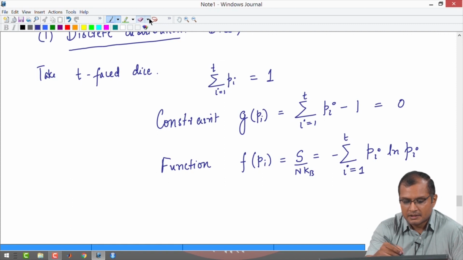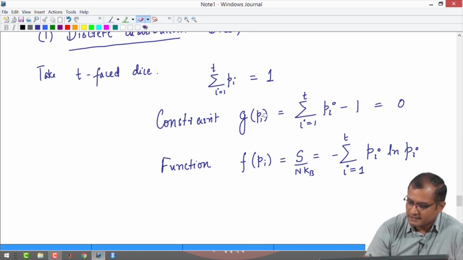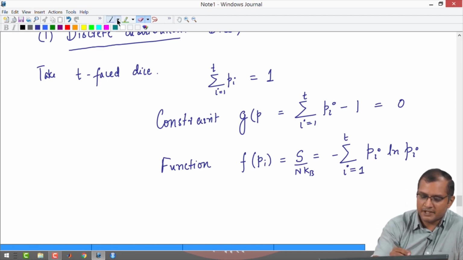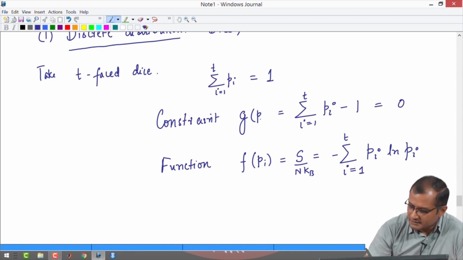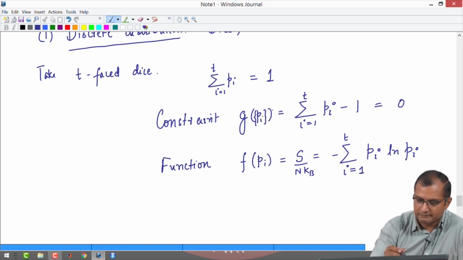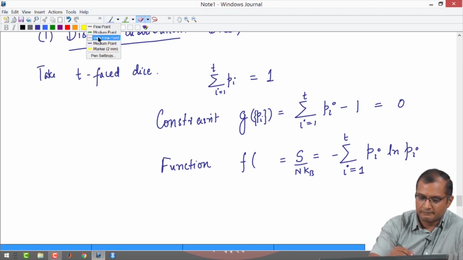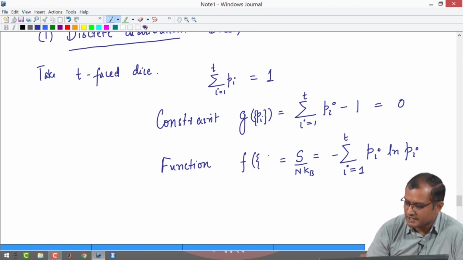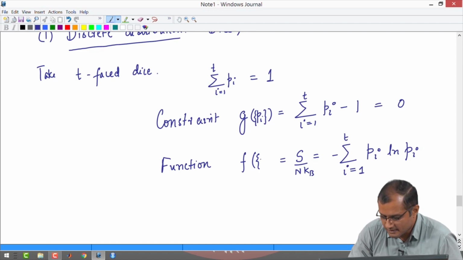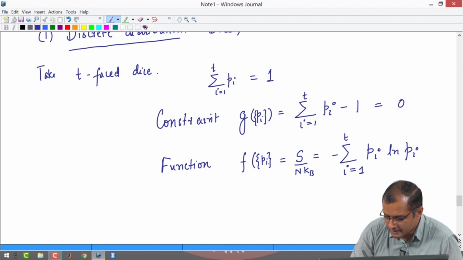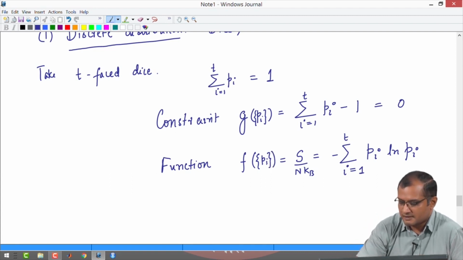And here because this is a function of all the variables P1, P2 all the way up to P of T, I am going to say this is the entire set P of I. Right. Suppose the die had only 6 faces, this would have been a function of P1, P2, P3 all the way to P6.